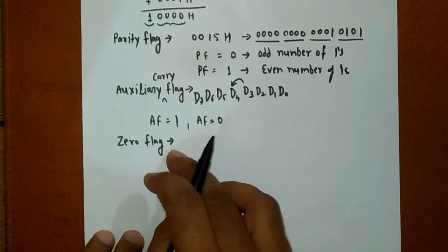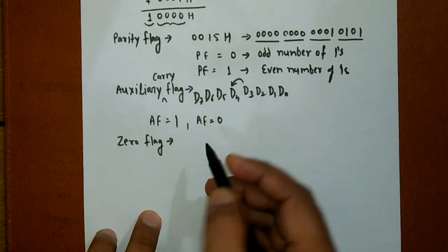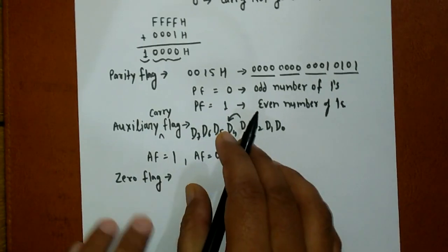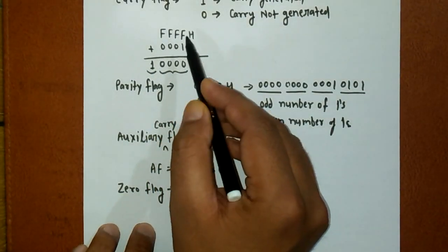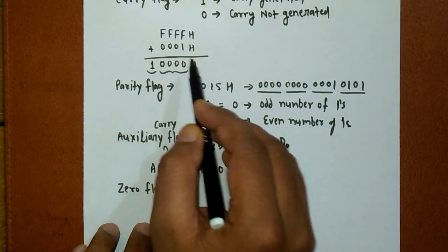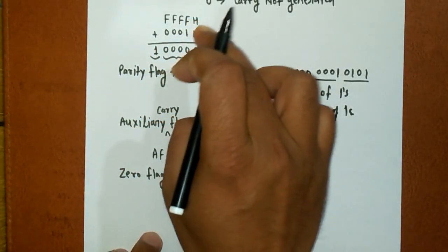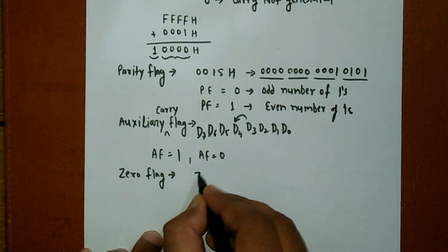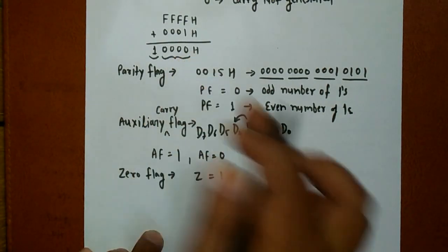Next is zero flag. If after a certain operation the content of the accumulator is 0, this flag reflects that condition. Like in the example we took here, the result of this addition is 0000H. So 0000H is present in the accumulator, and the value of the zero flag will be 1 in this case, because the content of the accumulator is 0.